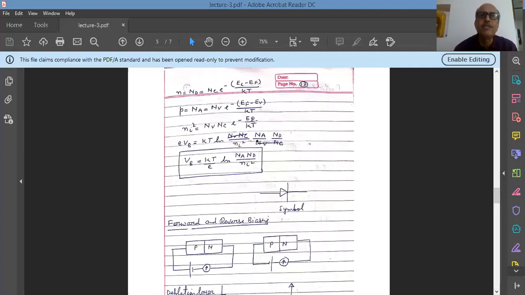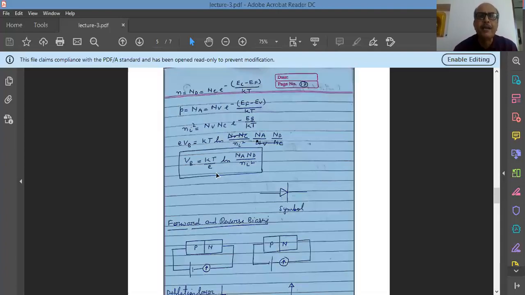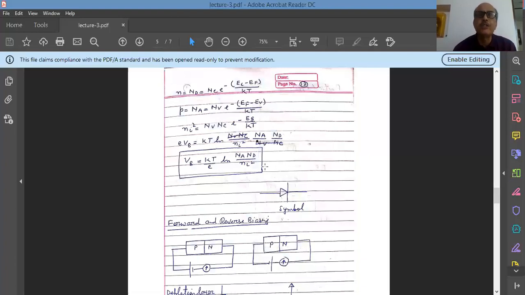You can see I have made use of these three formulas to put them together and combined all the three logarithmic terms. The value of V_BB is equal to kT upon e into log of N_A N_D upon n_i squared. So theoretically, we can say that the barrier voltage depends upon the acceptor impurity concentration, the donor impurity concentration, the intrinsic carrier concentration, and also the temperature. Temperature is also an important parameter to decide the turn on voltage of a PN junction.